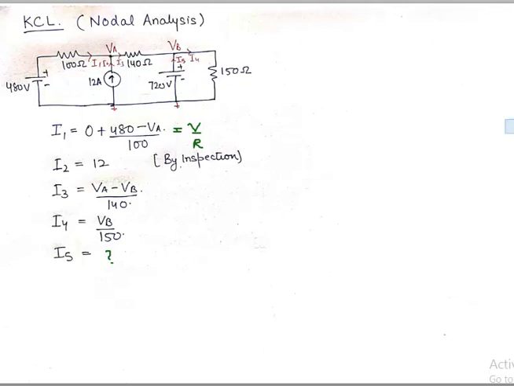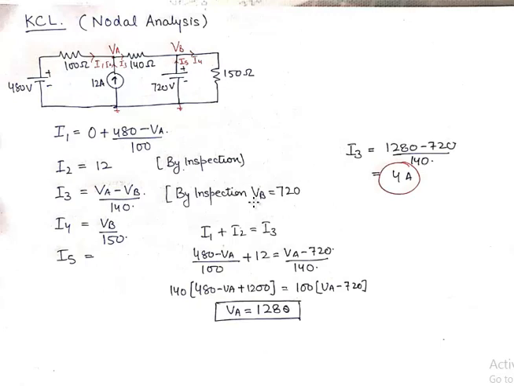And the nodal analysis is based upon the Kirchhoff's current law, and at this particular node we see that the incoming total current is I1 plus I2, which is equivalent to I3, and we are concerned about finding I3 by the way.